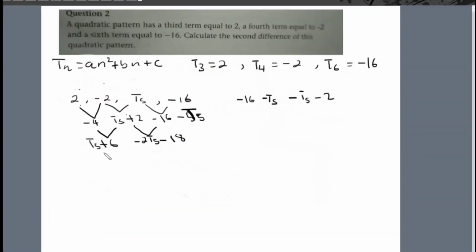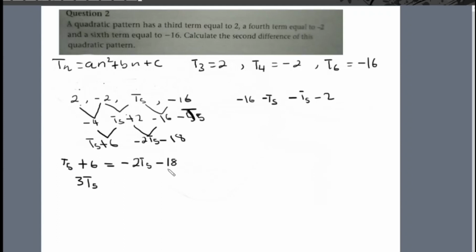So lokho kusitshela ukuthi because its second difference is common ku quadratic sequence, kusitshela ukuthi T5 plus 6 is equals to minus 2 T5 minus 18. Now we can solve for T5. Start to minus 2 T5 lo simulate ngapha siba no 3 T5.